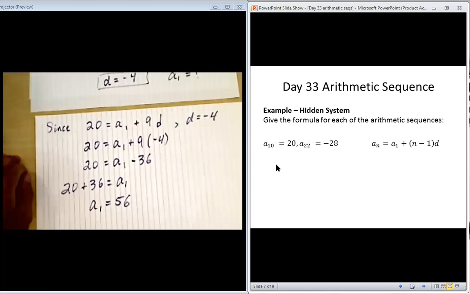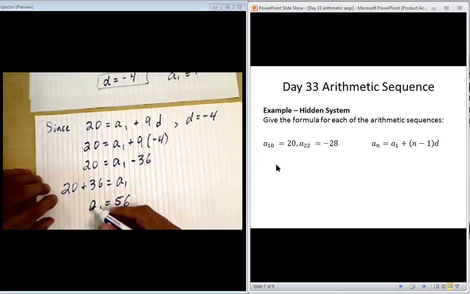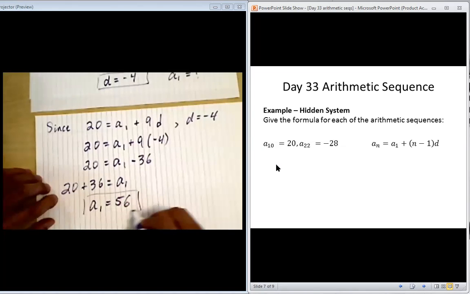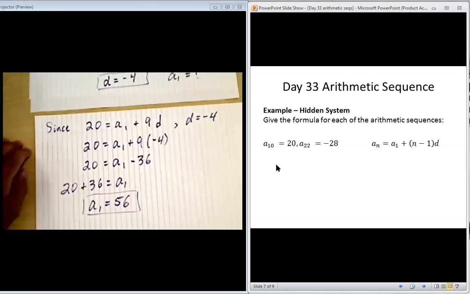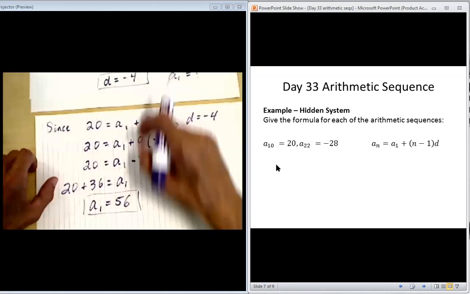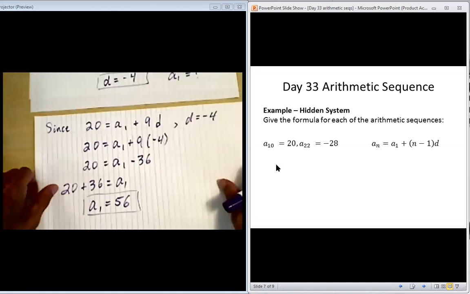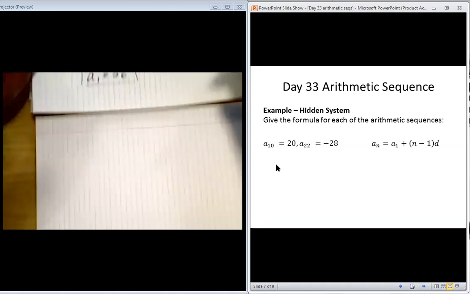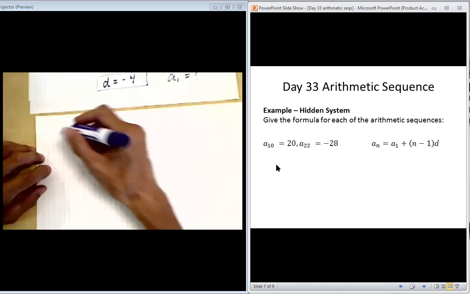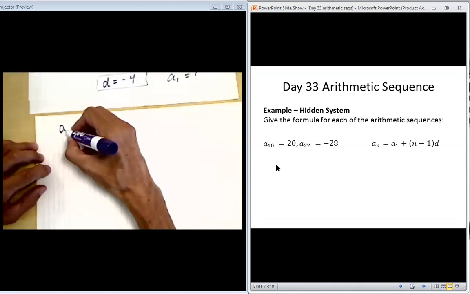Okay, this is one of our starting equations. And then the last part. We got A1, we have D. We put them together and simplify.